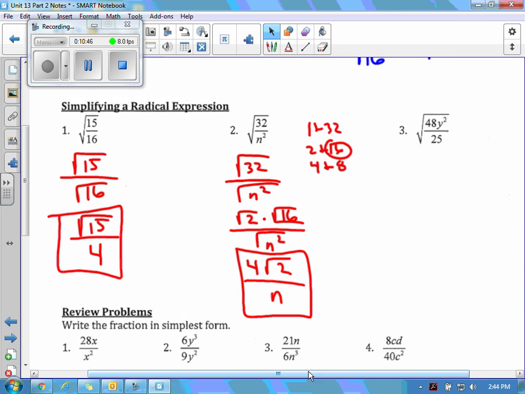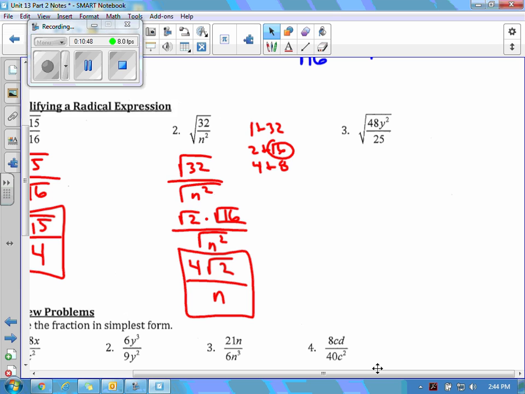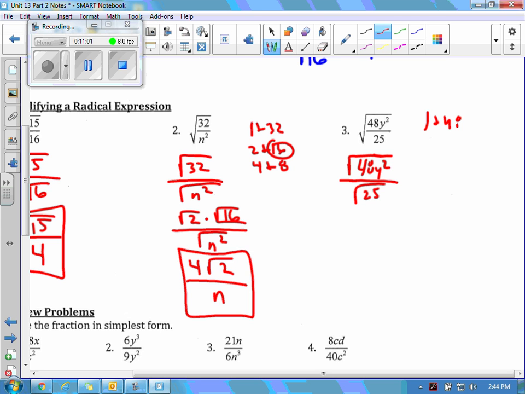For number 3, okay, another pretty tough example. Again, I start by splitting it into the square root of 48y squared over the square root of 25. So for 48, my factors are 1 and 48, 2 and 24, 3 and 16, 4 and 12, 8 and 6. So 16 is my biggest perfect square.